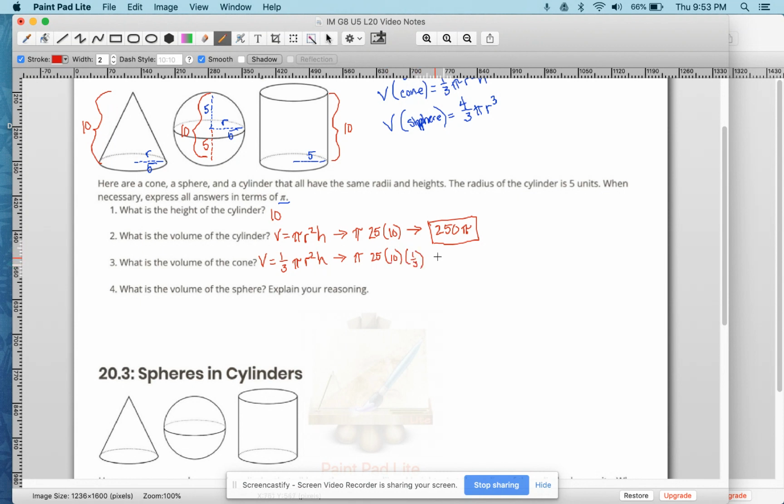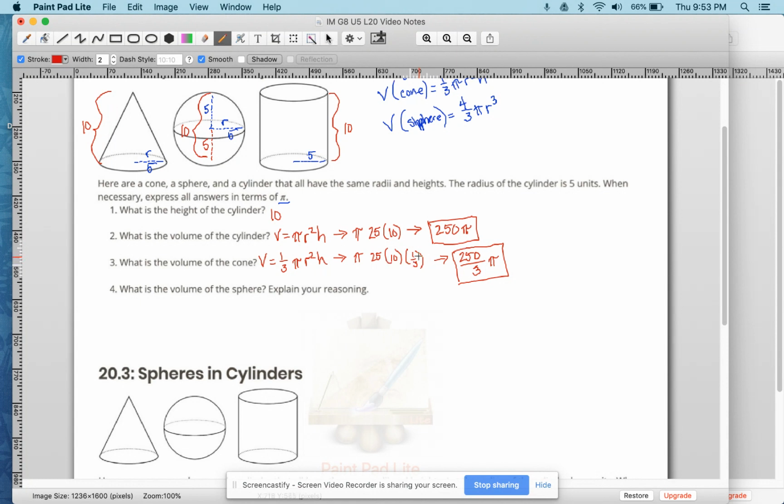All right. So if I multiply all of that out, I'm going to get 250 divided by 3 times pi. And that is the volume of the cone.